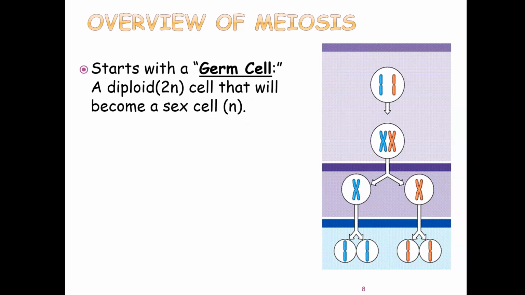So, overview again: you have meiosis starting with a regular somatic cell. The type of cell that meiosis occurs in is also known as a germ cell. It is selected by nature to be a type of cell that will eventually become the sex cells, or gametes.